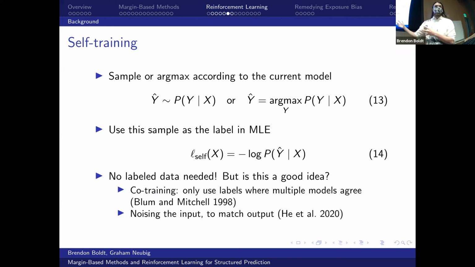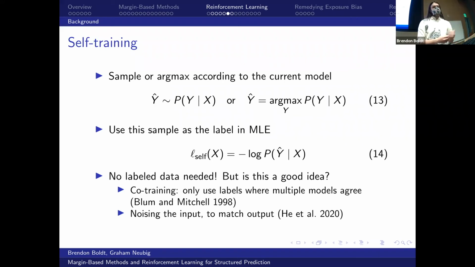Of course, you could also just use an argmax here instead of sampling directly. You can use this self-generated label, Y hat, as an optimization objective using maximum likelihood. This is called self-training because the model is just labeling the data itself and then training on this.